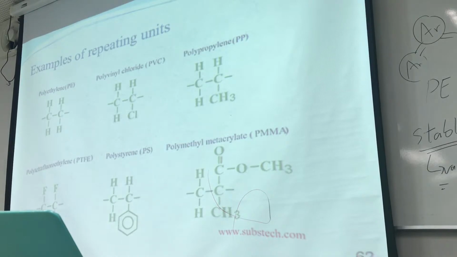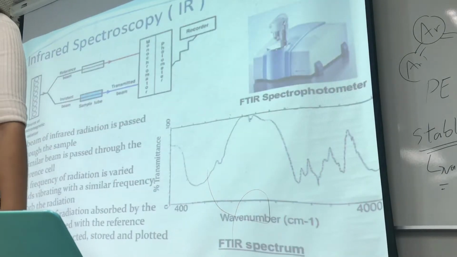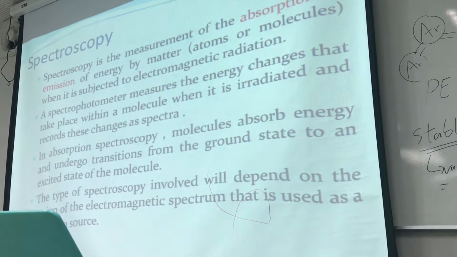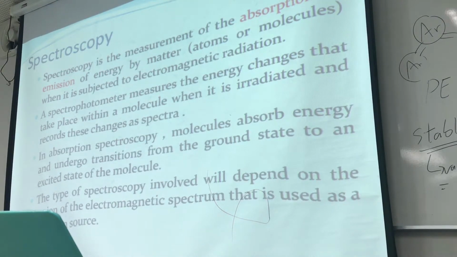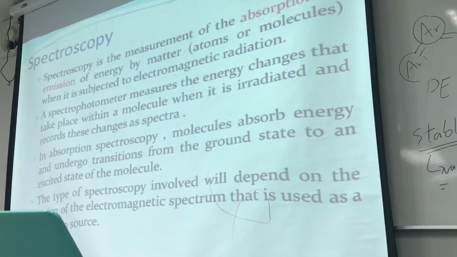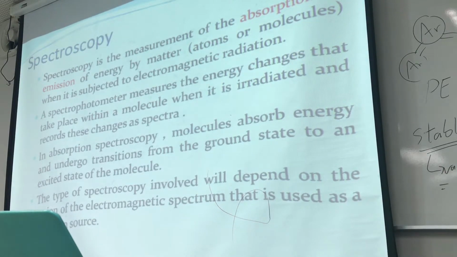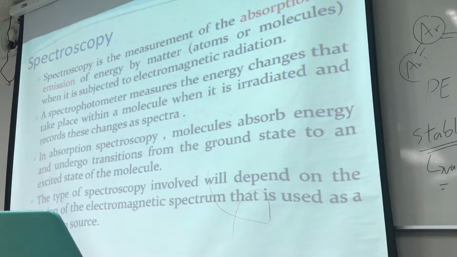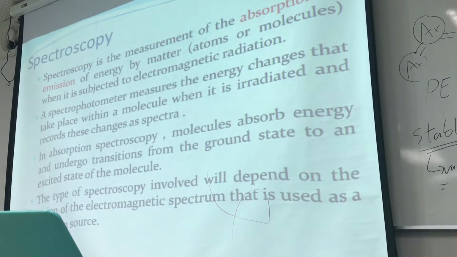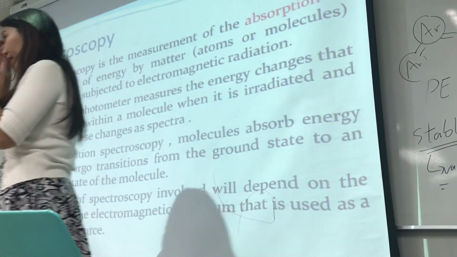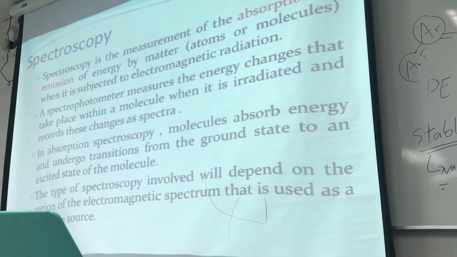So for the structure of a polymer, we would use spectroscopy to check it. The principle of spectroscopy is this: you have the material, the polymer, and then you irradiate it, just shine electromagnetic radiation on it.